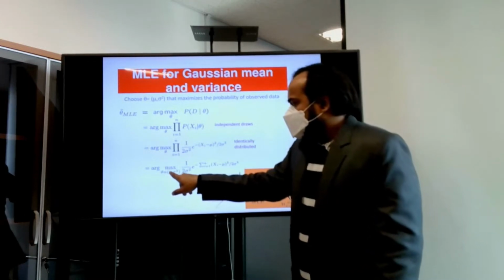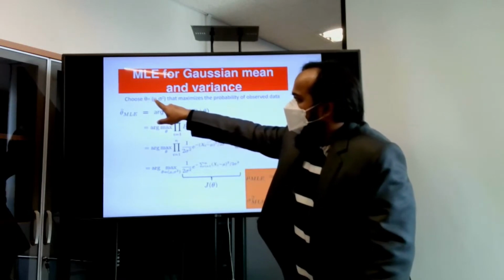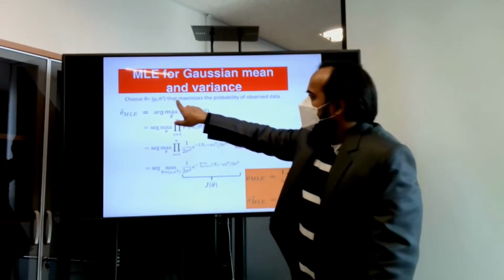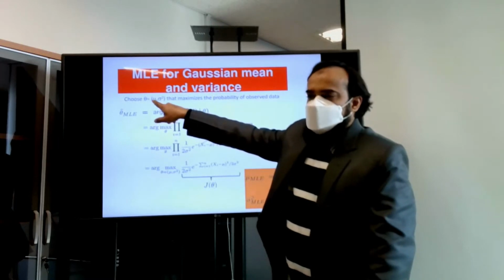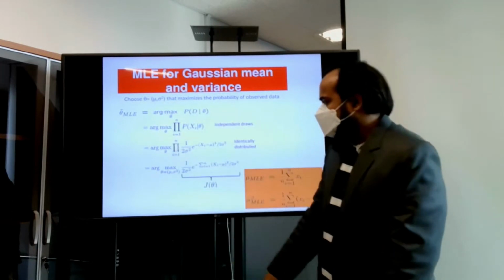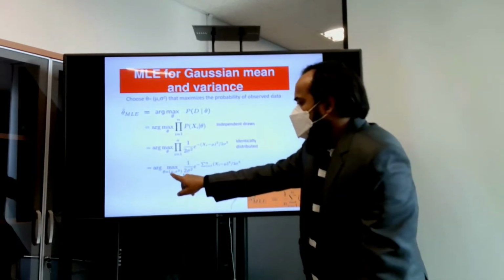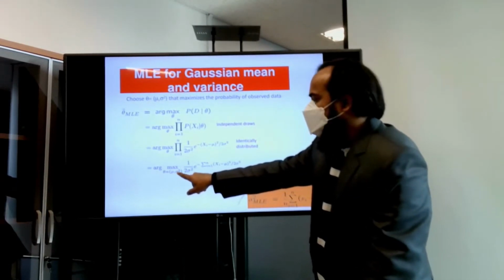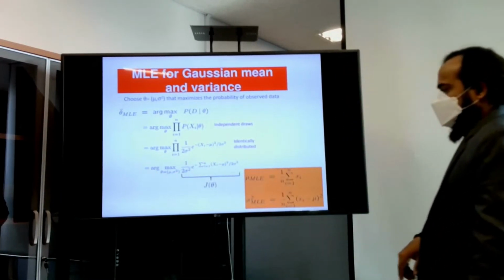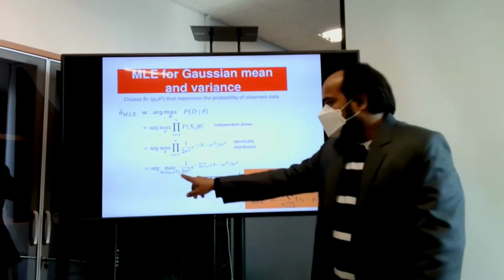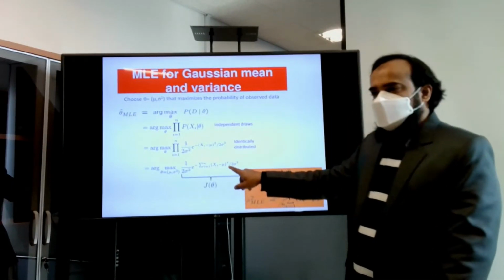And now the maximum value. Now we have to choose theta that maximizes the probability of the observed data. Theta equals mean and variance. So we should take theta as the maximizing mean and variance, and this is a function of this one. Then we assume that this equals J theta.